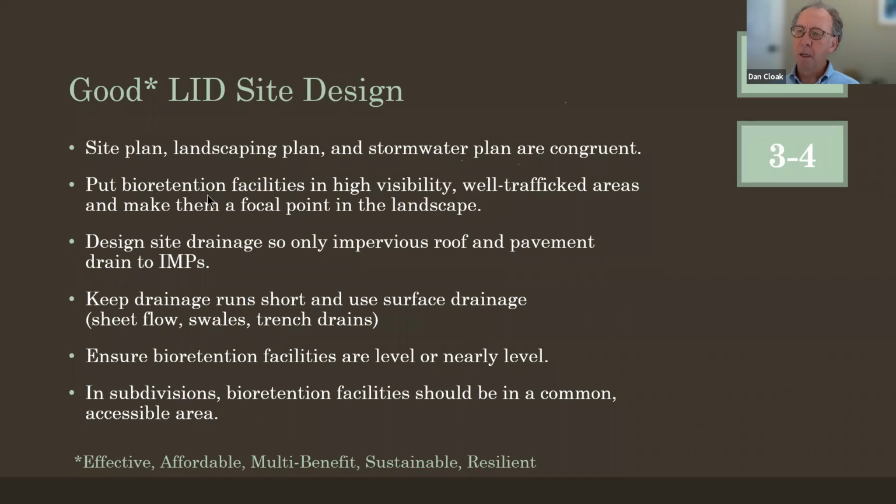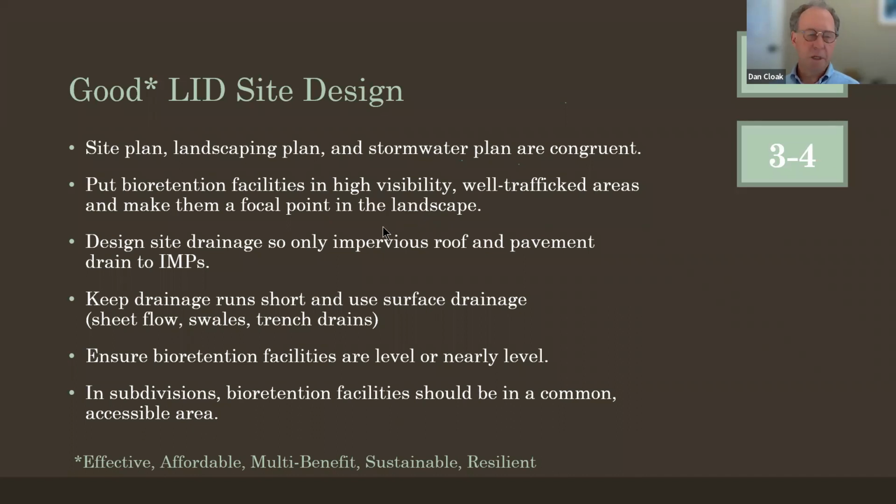More than that, we put this down as a goal, and again, the purpose here is that if we want long-term resilience, we want LID to be something that when it's installed, it's preserved for generations. The answer to that, as best we understand it, is high visibility, well-trafficked areas, make them a focal point in the landscape, make them something that people encounter.